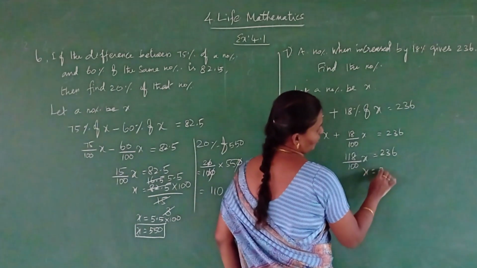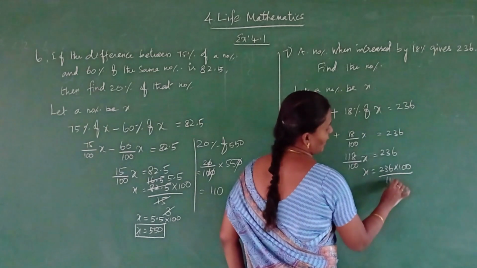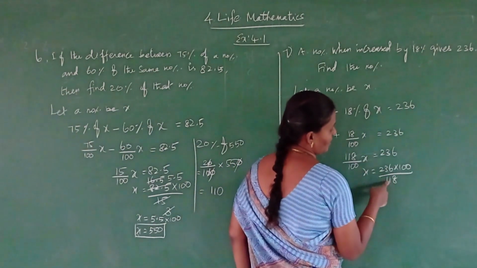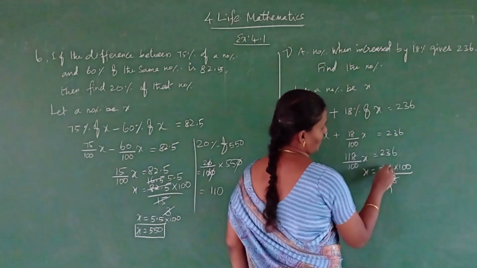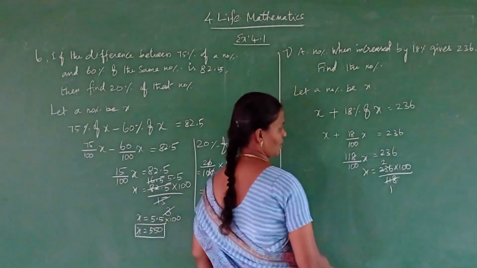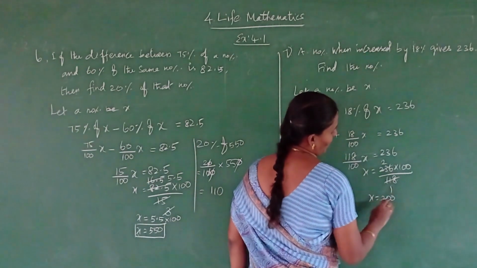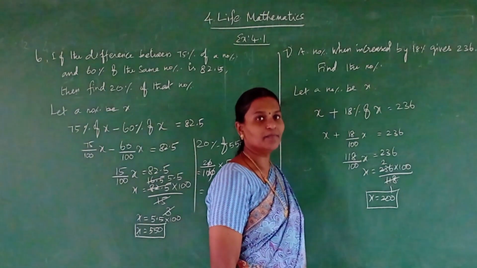So x is equal to 236 multiplied by 100 by 118. See, this double of 118 is 236. So 118 cancels one time, and 2 times 118 is 236. So 2 into 100, x is equal to 200. Understand, children? Good.